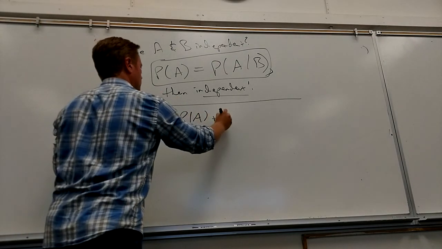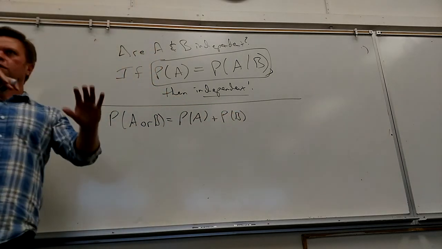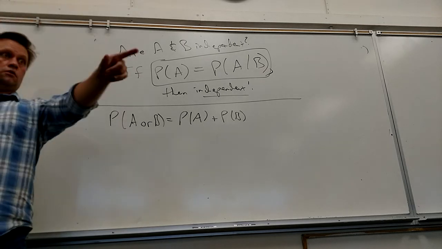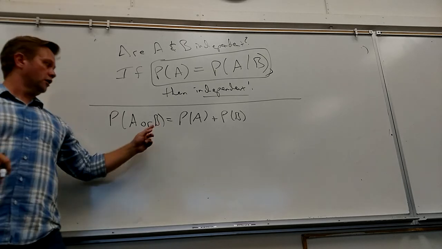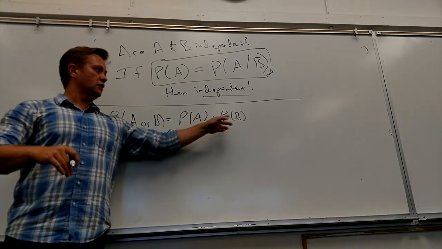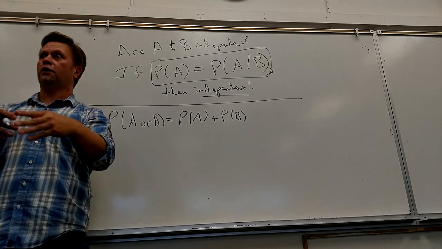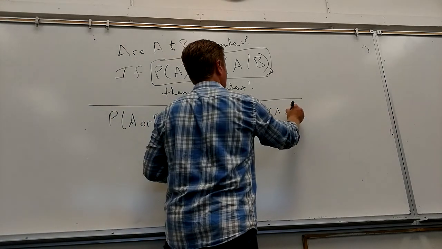But what's the adjustment we have to make? Subtract any that are both. If you count all the A's and the B's, but there are some A's that are also B's, you counted them twice. You better subtract them off once to make it fair. So minus probably the A and B.